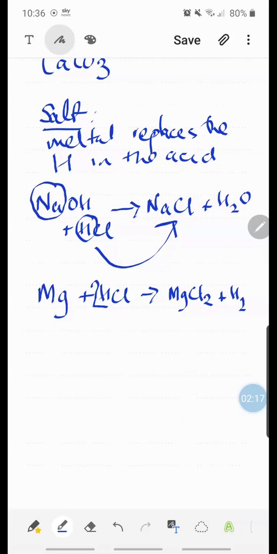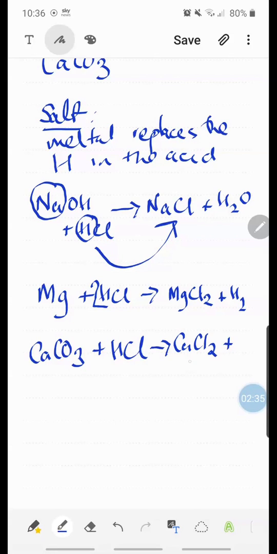A third important example is where we've got a carbonate that reacts with HCl, and that will form a salt, calcium chloride, and water and carbon dioxide. Balance: 2HCl.